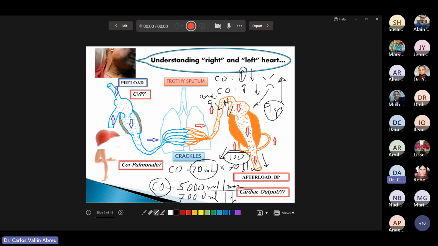So that's why the heart will increase the heart rate to increase the cardiac output, and the few grams of hemoglobin I have will travel more frequently in the circulation, transporting more oxygen. So that's why in anemia the cardiac output is increased.